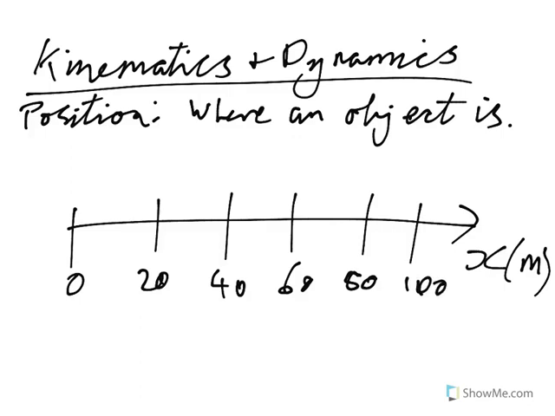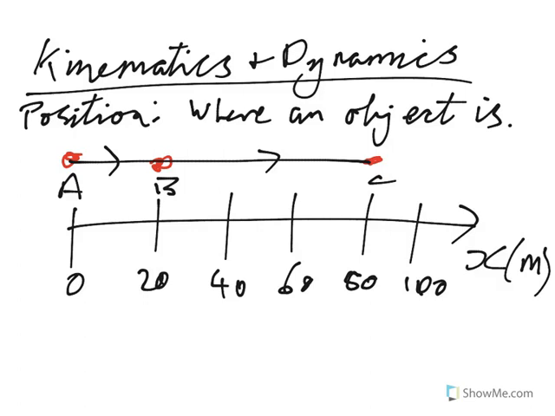And then you might have your object here, and then it might be there, travelling in the direction shown with the arrows. So when it's at B, it's 20 metres from the origin.